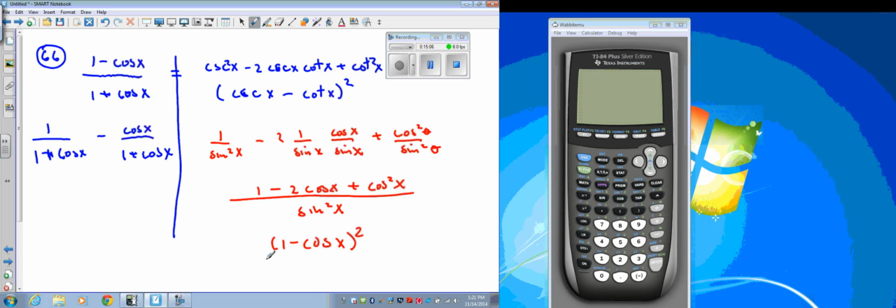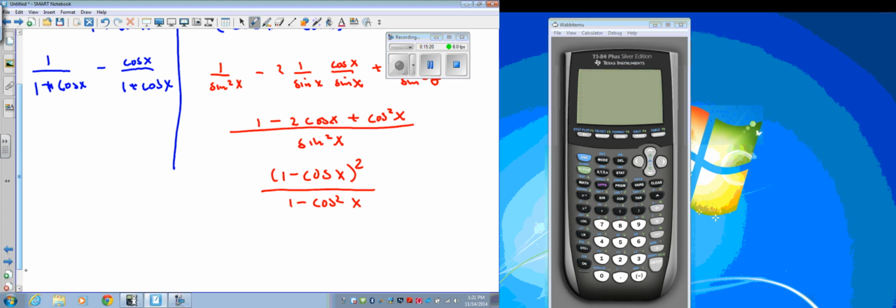Oh, maybe here. Over sine. This sine squared I can write as 1 minus cosine squared, can I? Correct? Then this is 1 minus cosine x, the quantity squared.